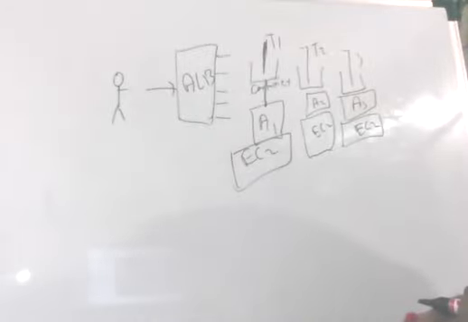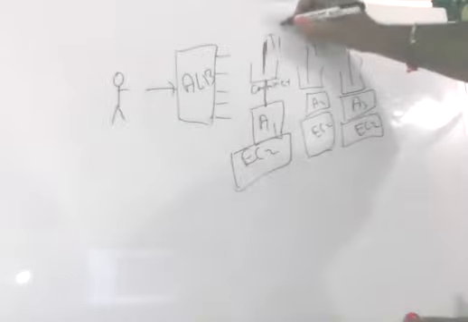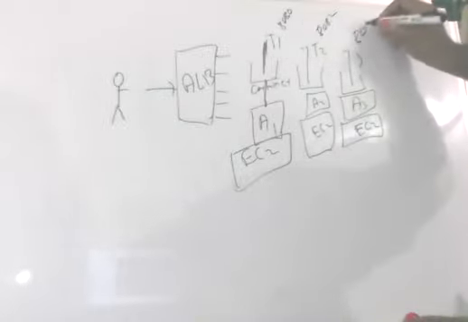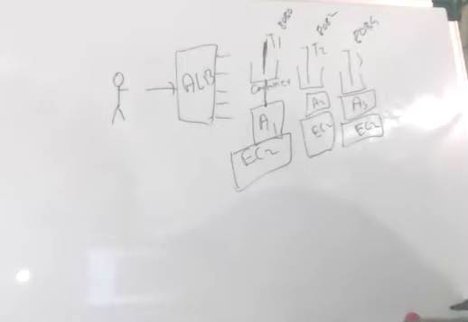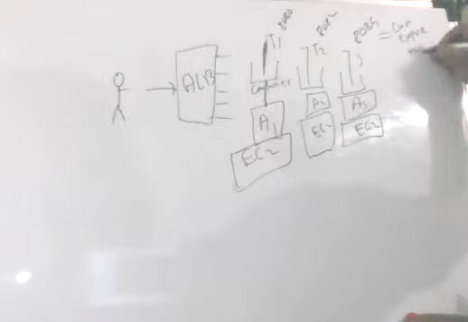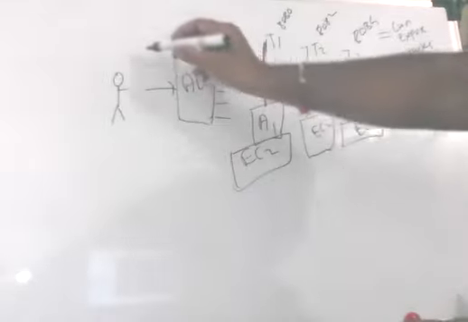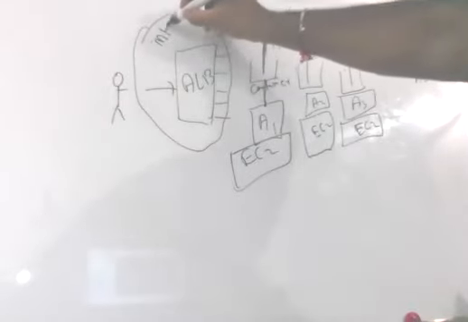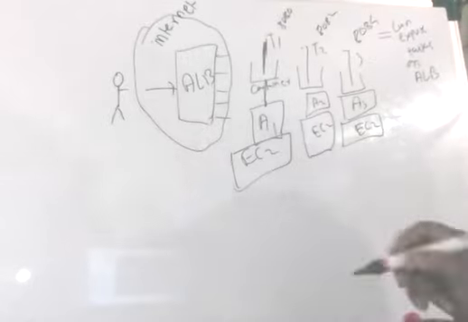So ALB is integrated with the tasks. Let's say these tasks are running at 8080, 8082, 8084. In this way we can expose tasks on ALB, and ALB is exposed on the internet.